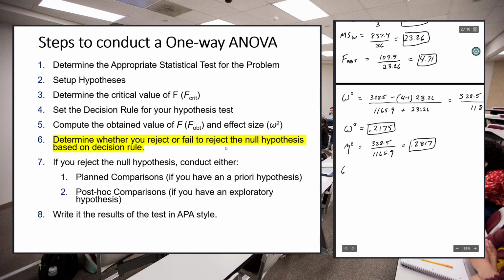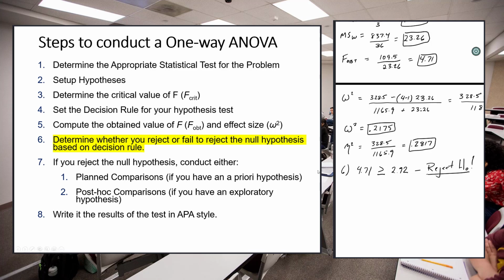So for part 6, 4.71 is greater than 2.92, so we reject the null. When this happens with real world research, this is a very big point of excitement.